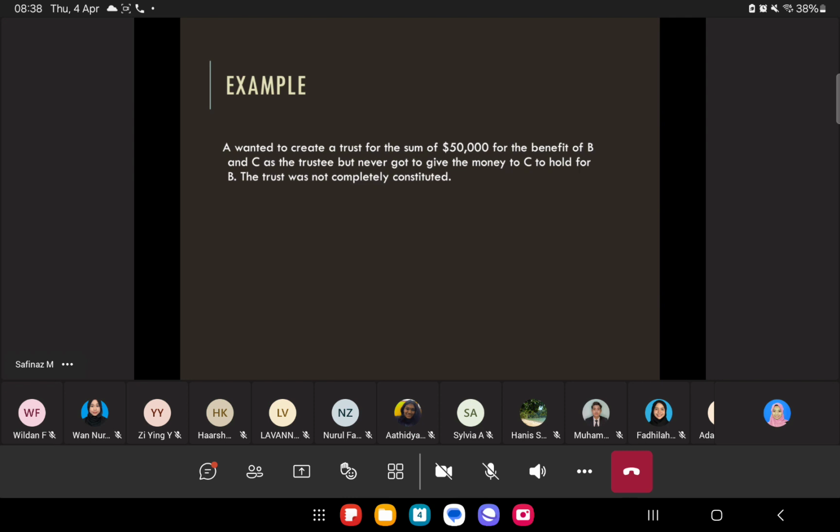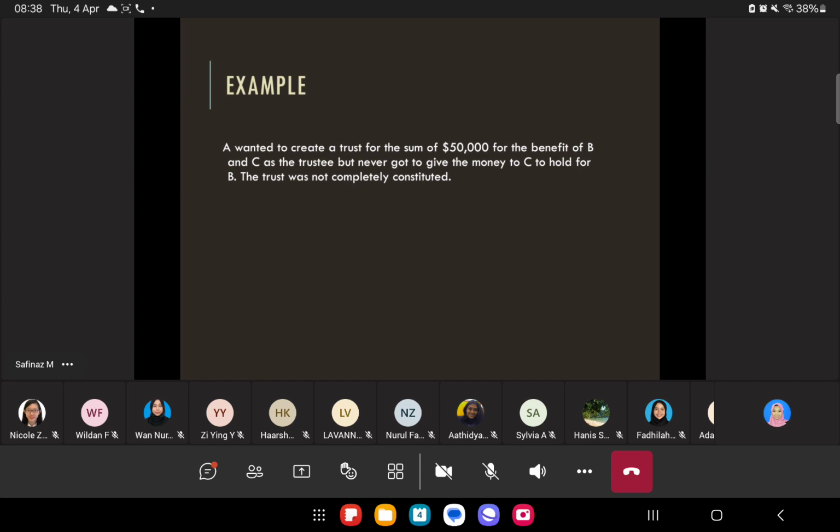Jadi kalau sekiranya saya nak buat amanah, benda yang sama tetap duit, tapi saya cakap pada B, okay, you hold this money, saya nak bagi 100,000 nanti sebagai pemegang amanah untuk C. Harta amanah adalah 100,000, tetapi saya tak serahkan duit tu kepada B. Then the trust is not completely constituted.